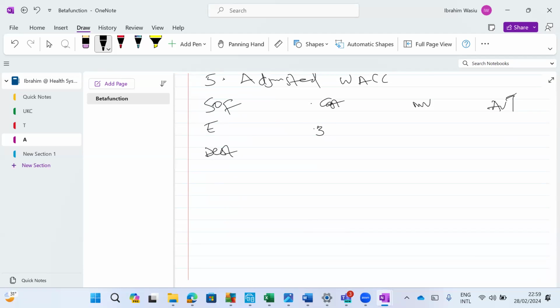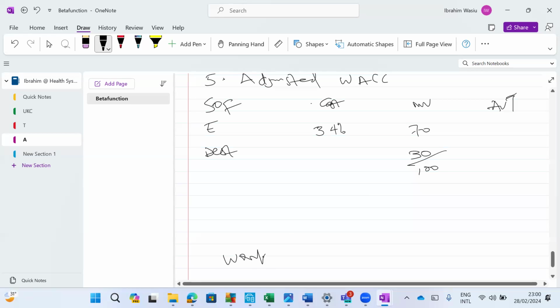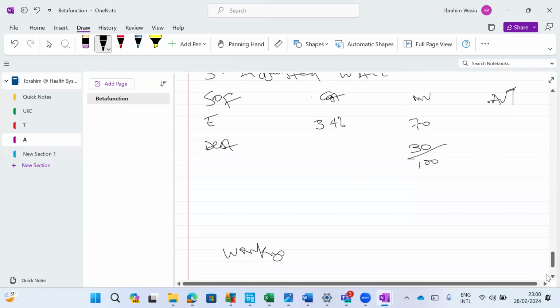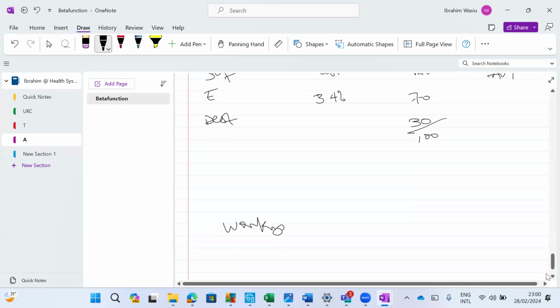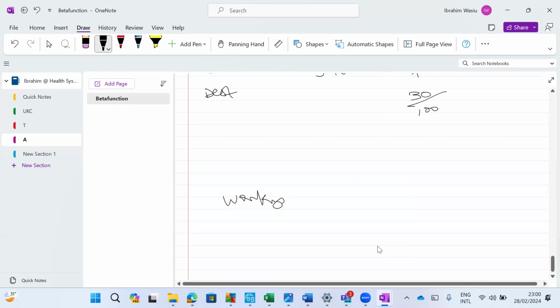Equity is 34%, and the market value is 70. Then the debt is 30. This is 100. Cost of debt.